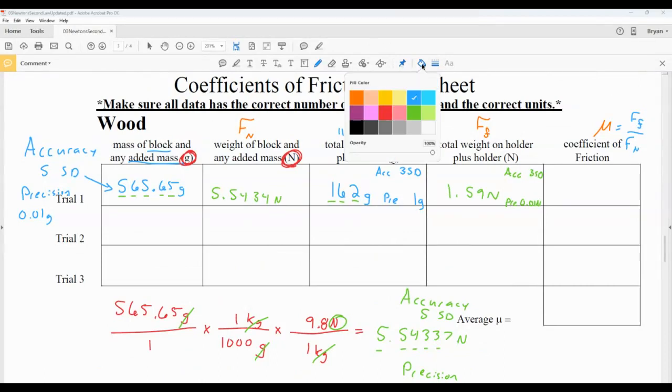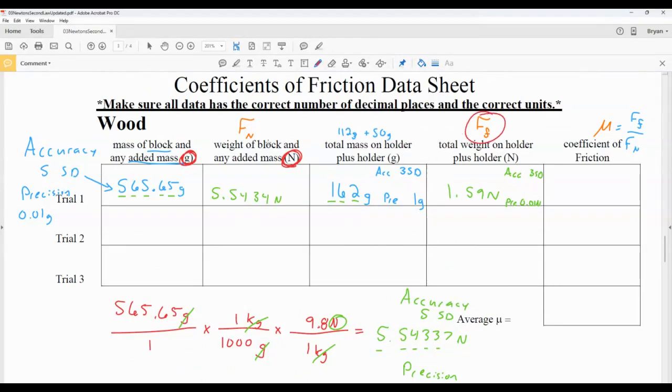Well, we got those numbers. We had to work to calculate them, but we have these things: force of friction, normal force. And we would run and do multiple trials for this, but I'm just going to do the one example. So the mu value that I don't know, I've got enough room, I'll squeeze it into the box, but we'll take 1.59 newtons divided by 5.5434 newtons.